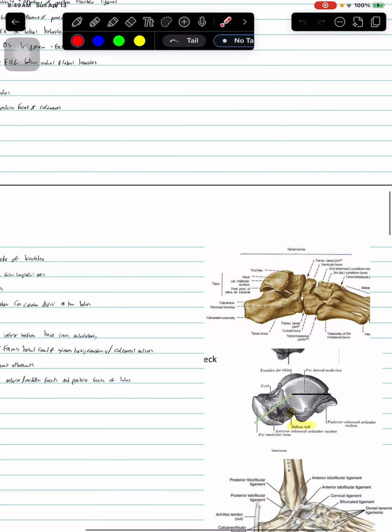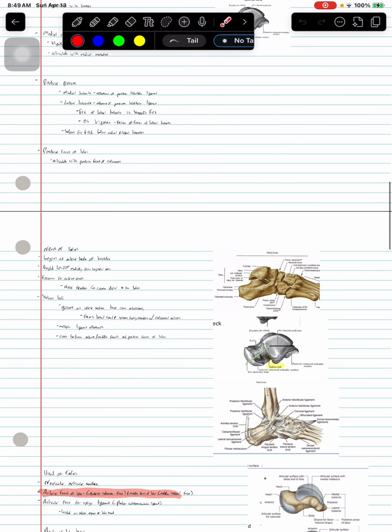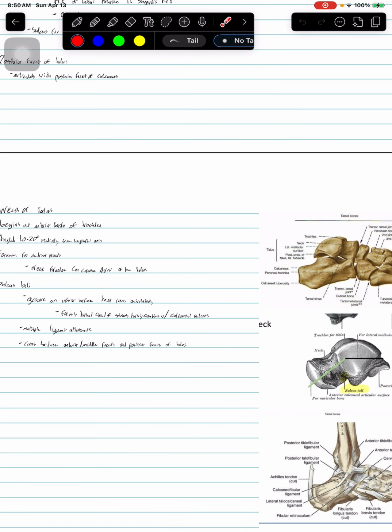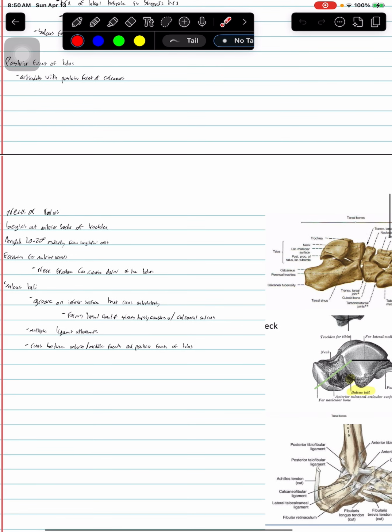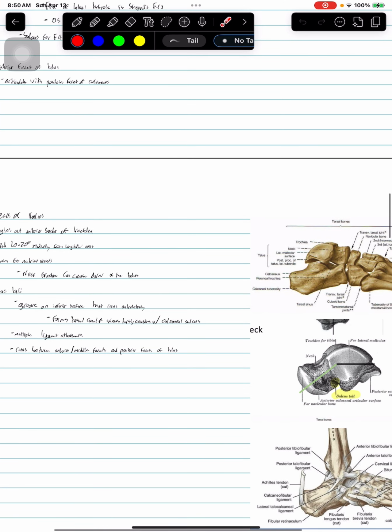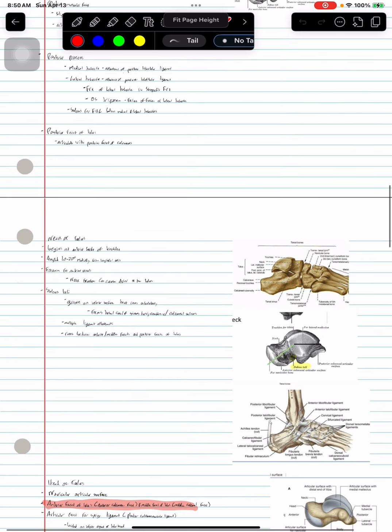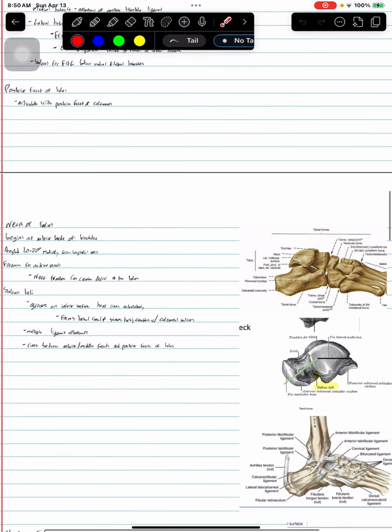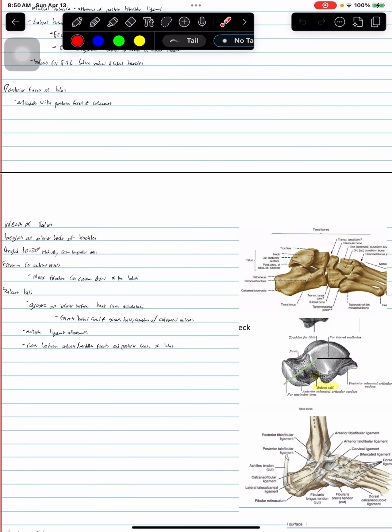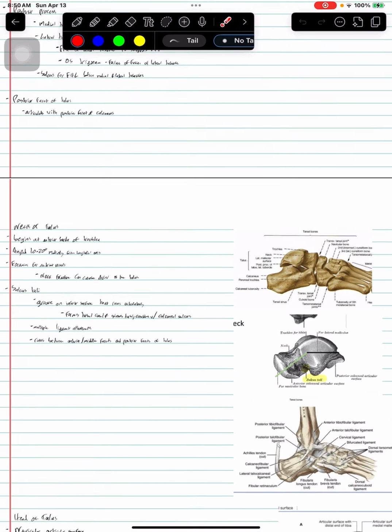One of the important features is the sulcus tali, which is going to be a groove that forms the tarsal canal with the calcaneal sulcus. So like right here would be that groove. Right here you'll see the tarsal sinus, also known as sinus tarsi. And so yeah, that's pretty much it for the neck of the talus.